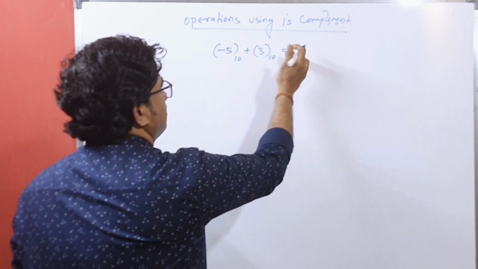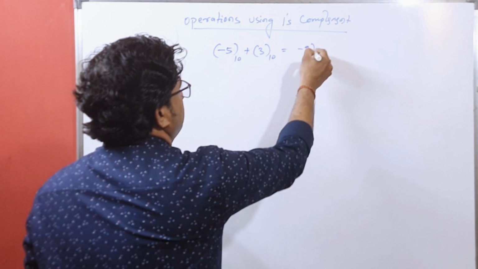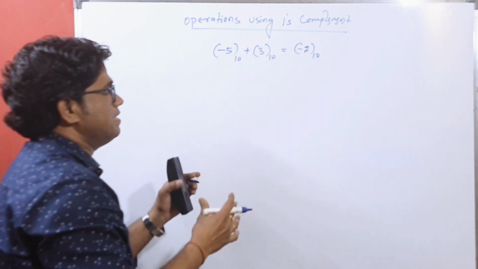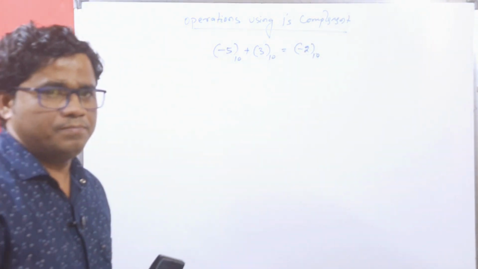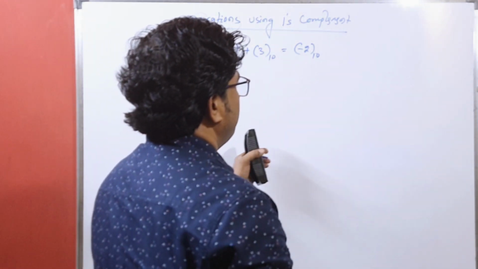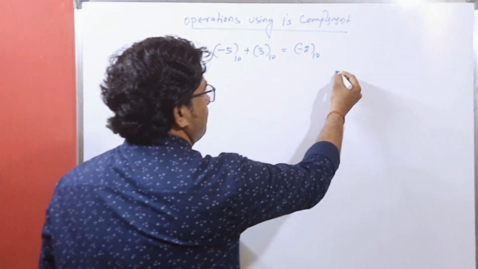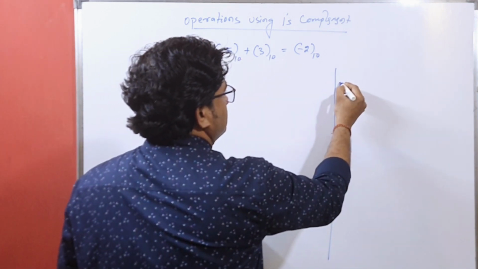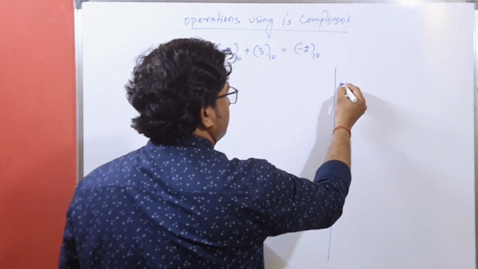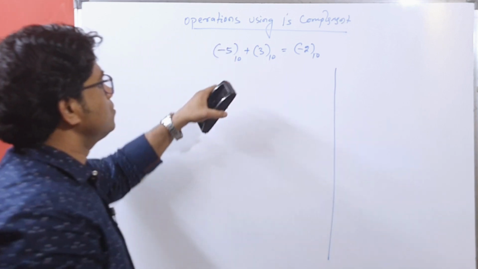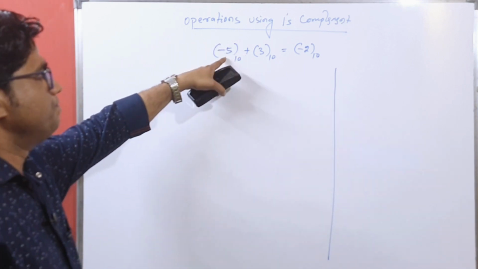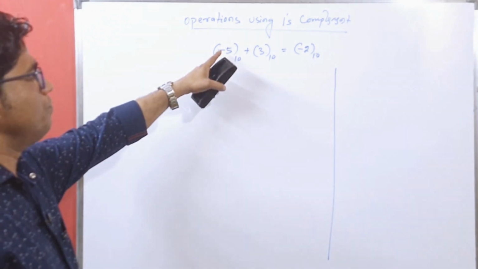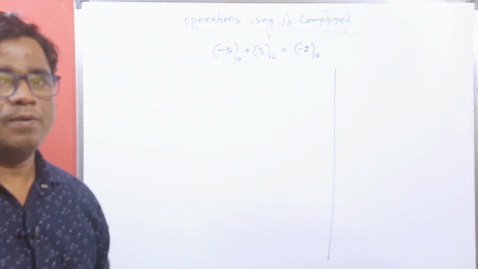In general it will be minus 2 base 10. How can you implement it using 1's complement? This is the rough one. Before implementing, your first task is to store minus 5 and 3 into the memory.